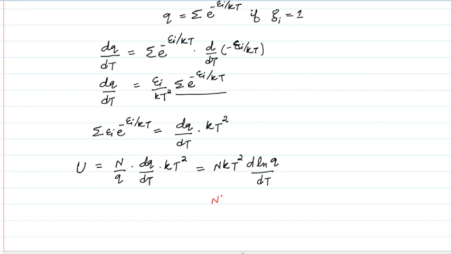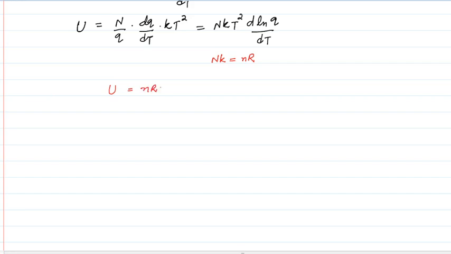So we can write the internal energy as U equals nRT square into d ln of Q upon dT. This is basically the relation of internal energy in terms of partition function.